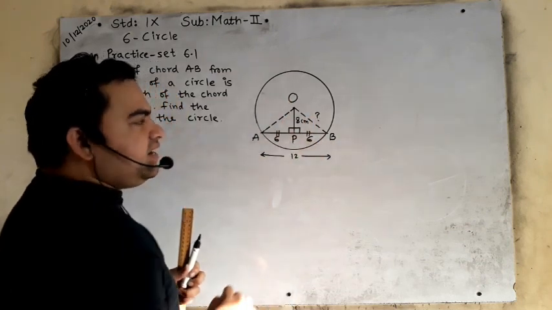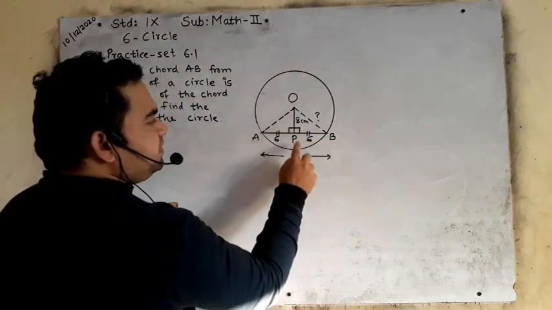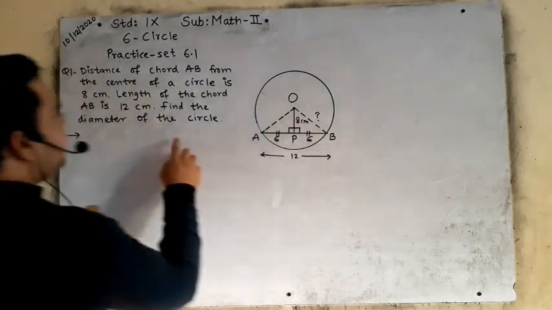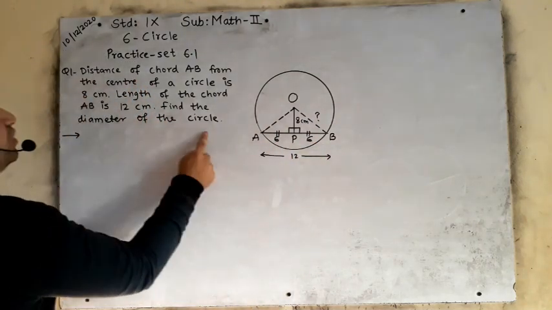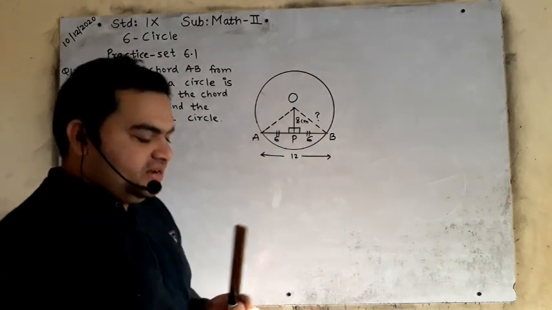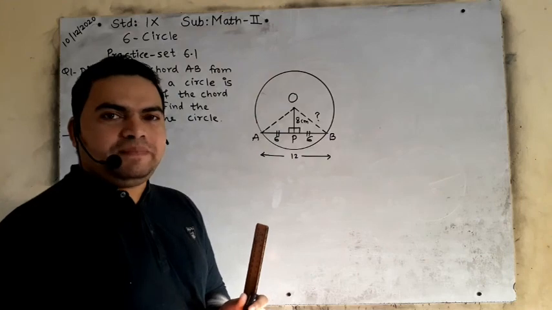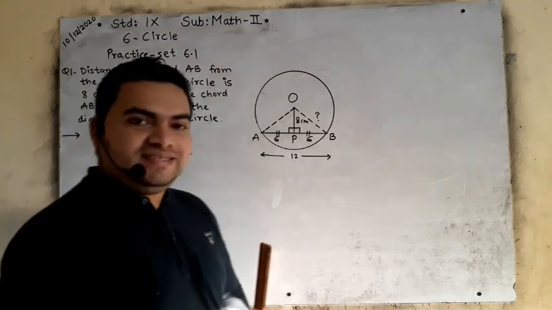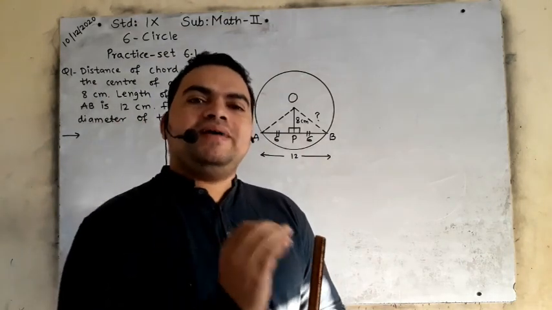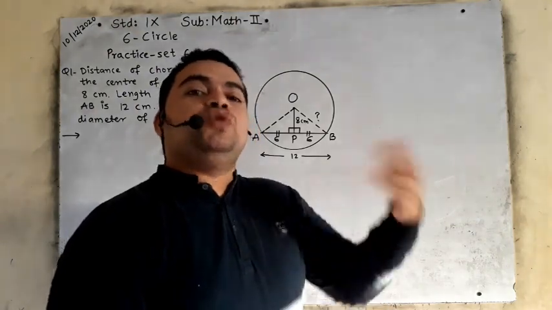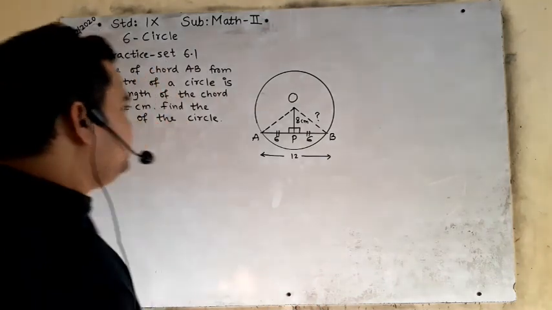OPB is a right angle triangle with OP 8 centimeter, PB 6 centimeter. We will find the radius, and at last find the diameter of the circle. The diameter is double the radius, that is, diameter is equal to 2 multiplied by radius. So whatever the radius comes, the diameter will be double, right? Please, we will start over here.